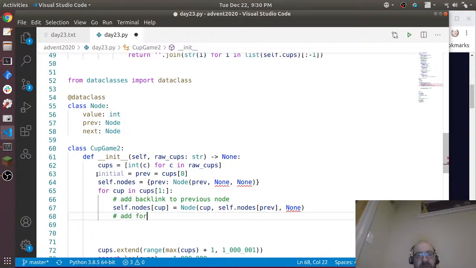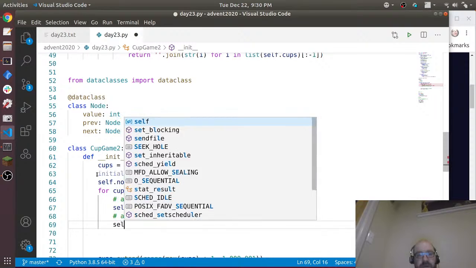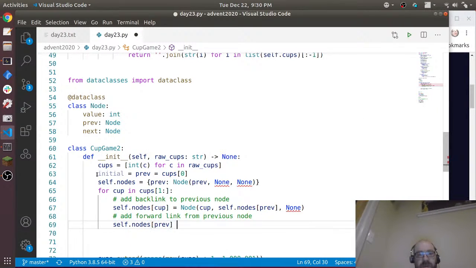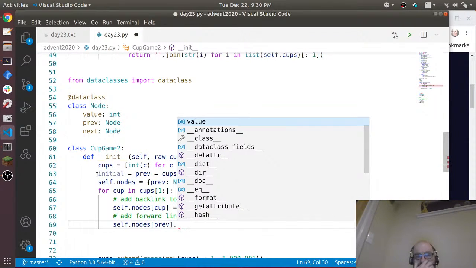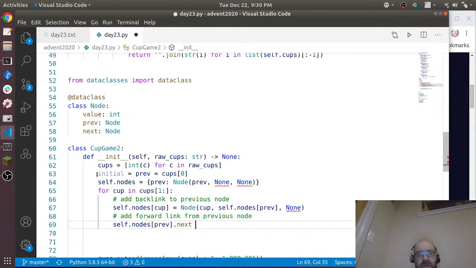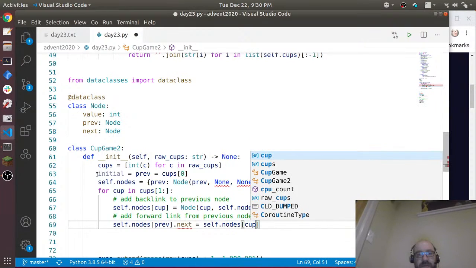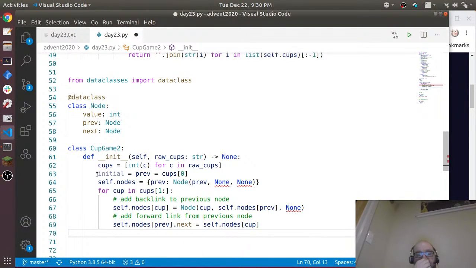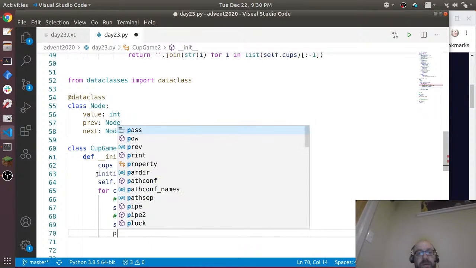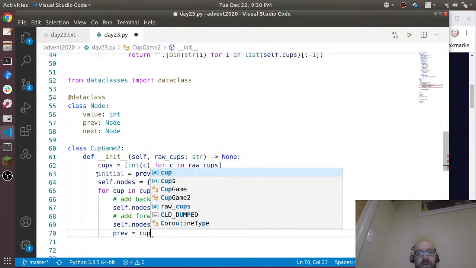And add forward link from previous node, self.nodes prev dot next equals self.nodes cup, so the one we just added, and now let's say prev equals cup.